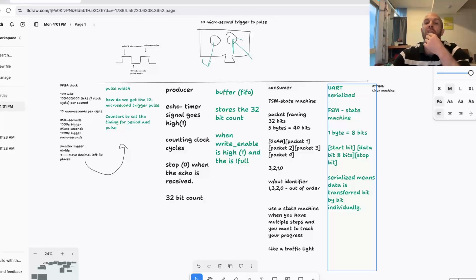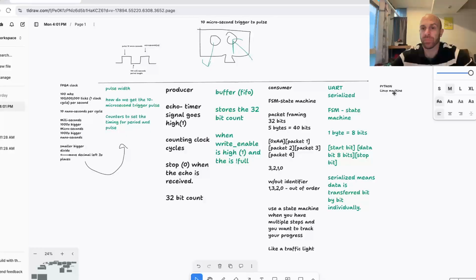So that is how the UART works. At this time, everything we've been doing occurs in the FPGA.